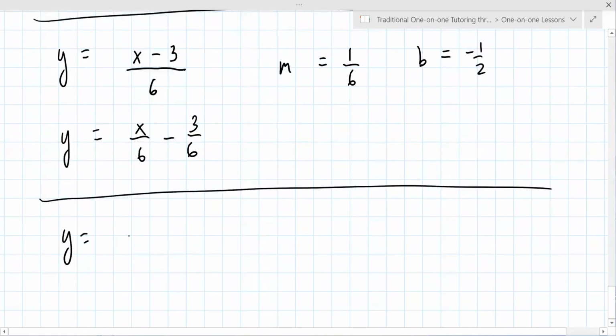All right, let's try another one here. Let's say y equals 3x minus 9 over 3. What is m and what is b?